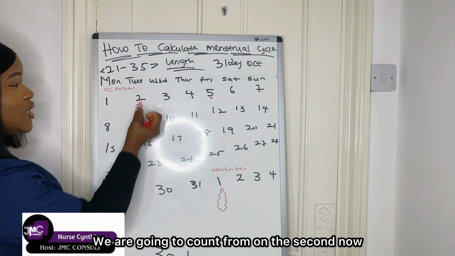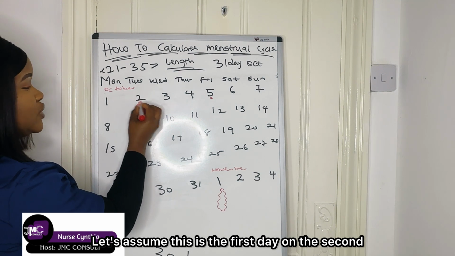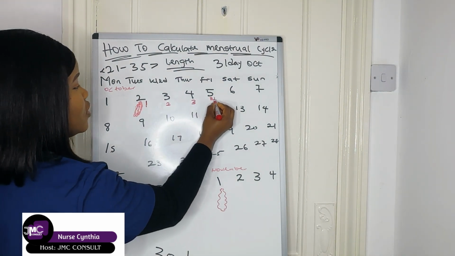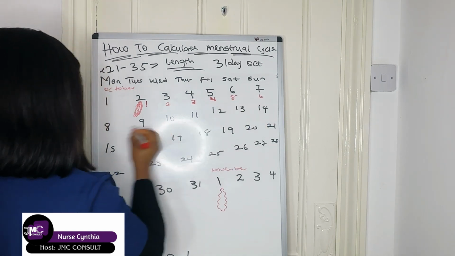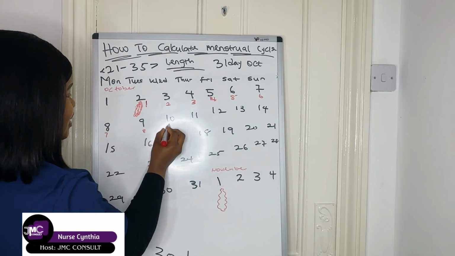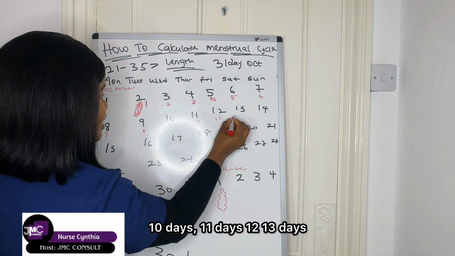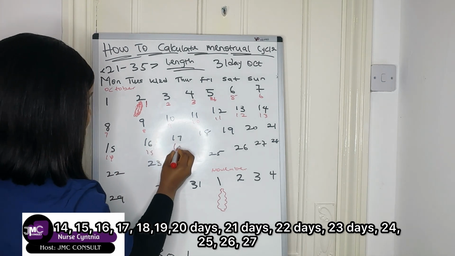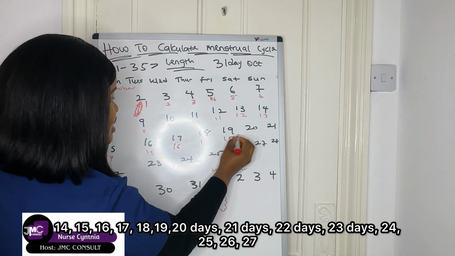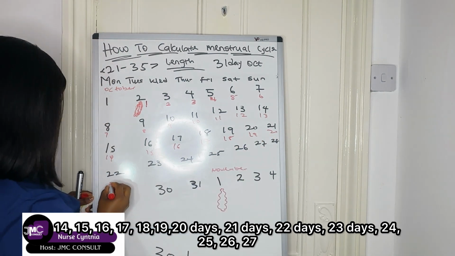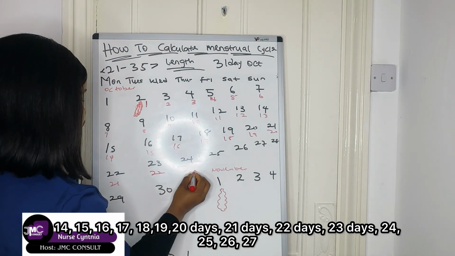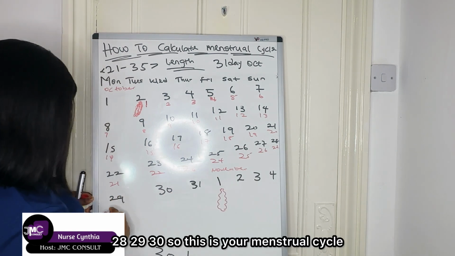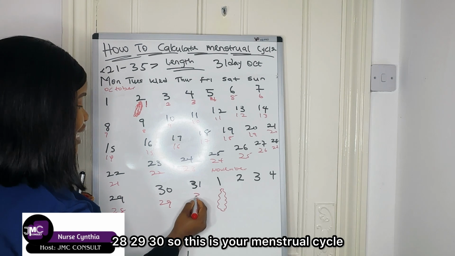Calculate from this 2nd. You are going to count from the 2nd. Let's assume this is the first day, the 2nd. This is 1, this is 2, this is 3, this is 4, this is 5, this is 6, 7, 8, 9 days, 10 days, 11 days, 12, 13 days, 14, 15, 16, 17, 18 days, 19 days, 20 days, 21 days, 22 days, 23 days, 24, 25, 26, 27, 28, 29, 30.